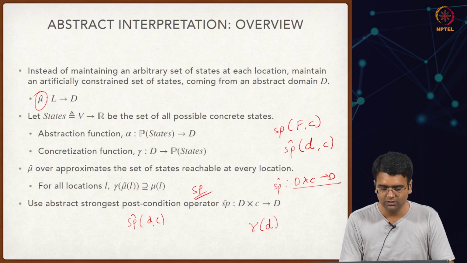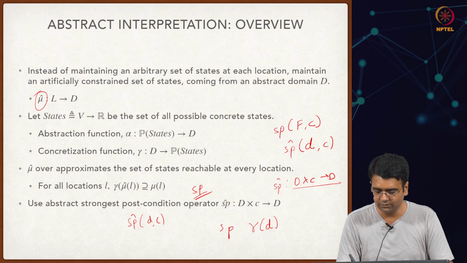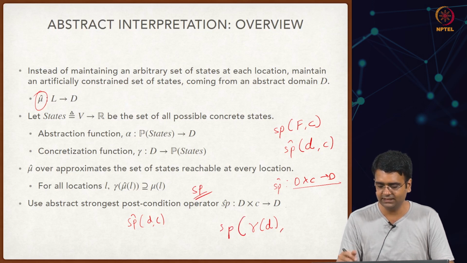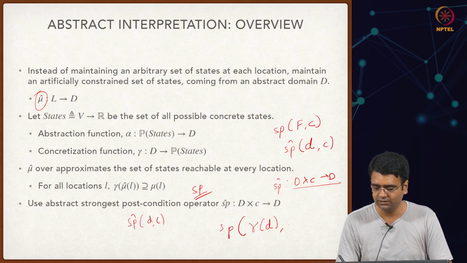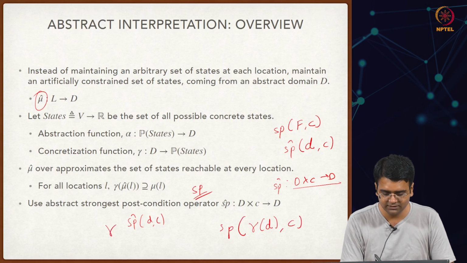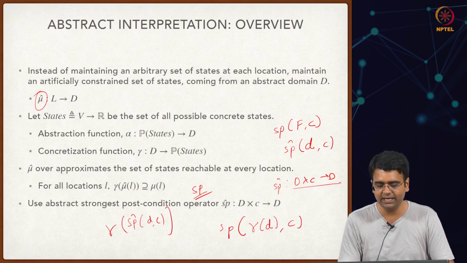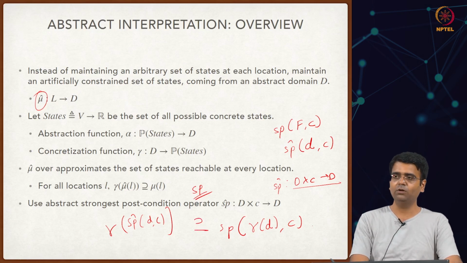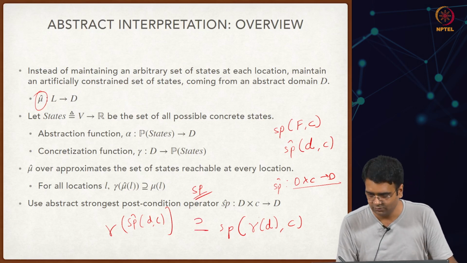Now, if I compute the strongest postcondition in the concrete domain over the command C, then the concretization of SP hat of D comma C must be a superset of SP of gamma of D comma C. Why is this the case?